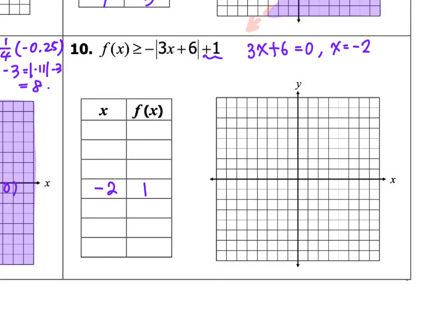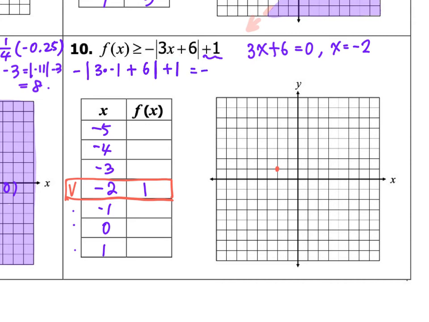So let's find the rest of the points. All right, negative with the absolute value, 3 times negative 1 plus 6, with absolute value, plus 1. So 3 times negative 1 is negative 3, plus 6 is a positive 3.